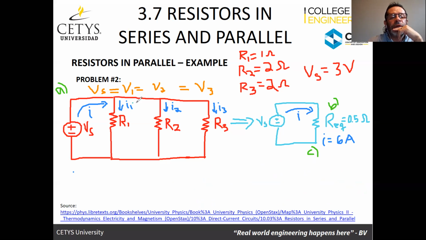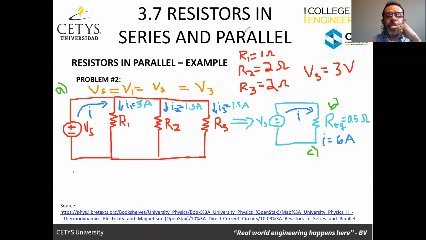We know that I1 is 3 amps. I2 is 1.5 amps. And I3 is 1.5 amps.